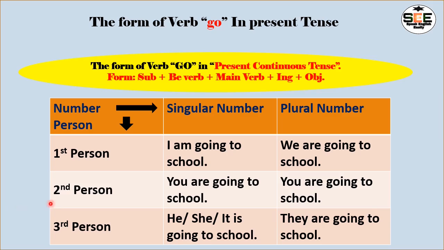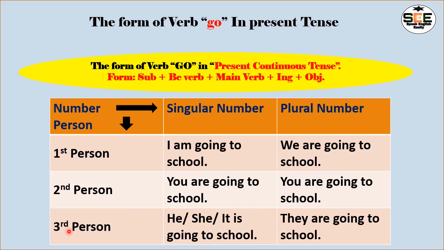And second person plural in present continuous tense is the same sentence: you are going to school, right? In singular and plural, second person is the same. You is the subject, are is the be-verb plus go is the main verb plus ing for continuous, and school is the object.